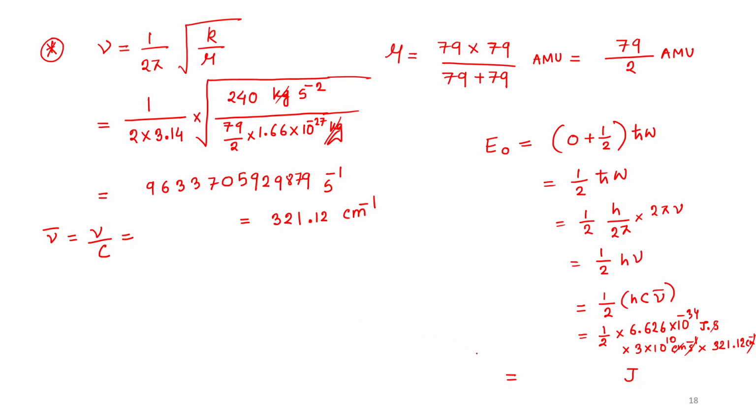We are getting something around 3.19 into 10 to the power minus 21 joules. So this is the value we are getting as the zero point energy.